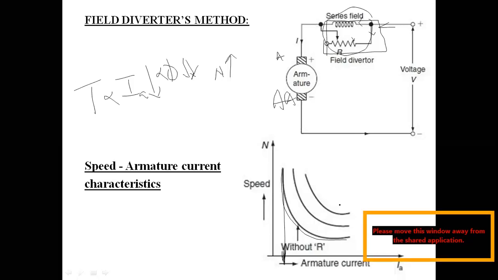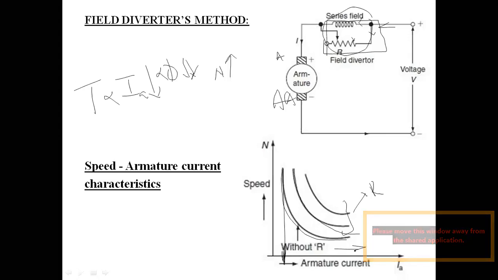After inclusion of the resistor, that is the field diverter, what will happen? The speed is going to decrease for high values of current.